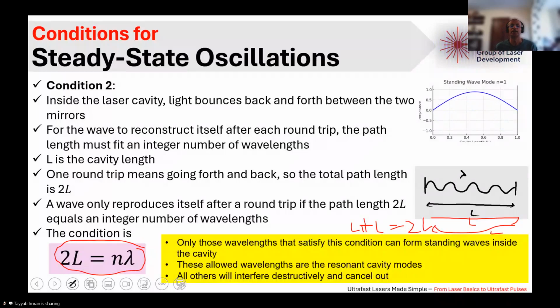Now look at the points here. Inside the laser cavity, you know that the light bounces back and forth between the two mirrors. This is obvious.